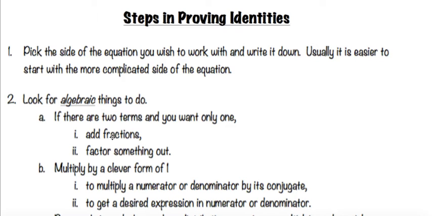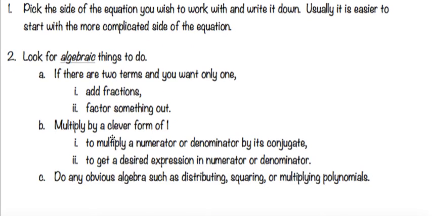So some things to look for are the algebraic things to do. If there are 2 terms and you only want 1, you might want to add the fractions. You might want to factor something out, so if there's a GCF in it, you might pull it out. You might want to multiply by a form of 1, so maybe multiply the numerator and denominator by its conjugate.